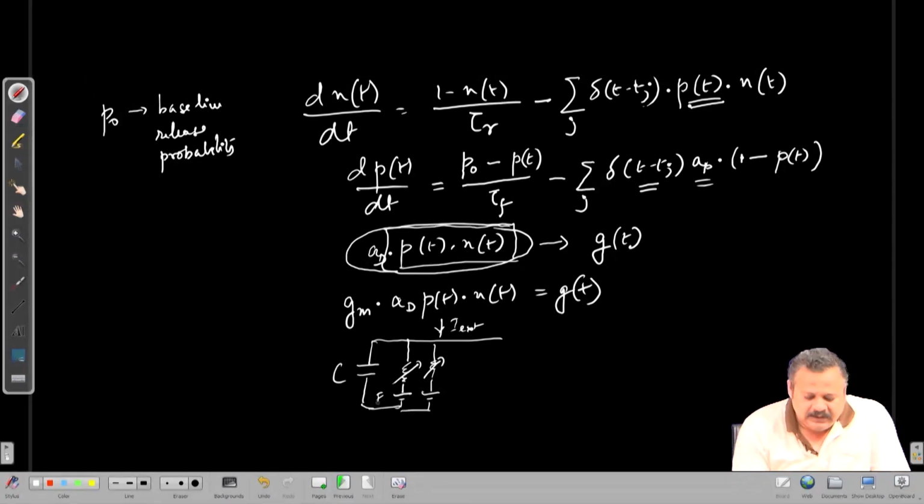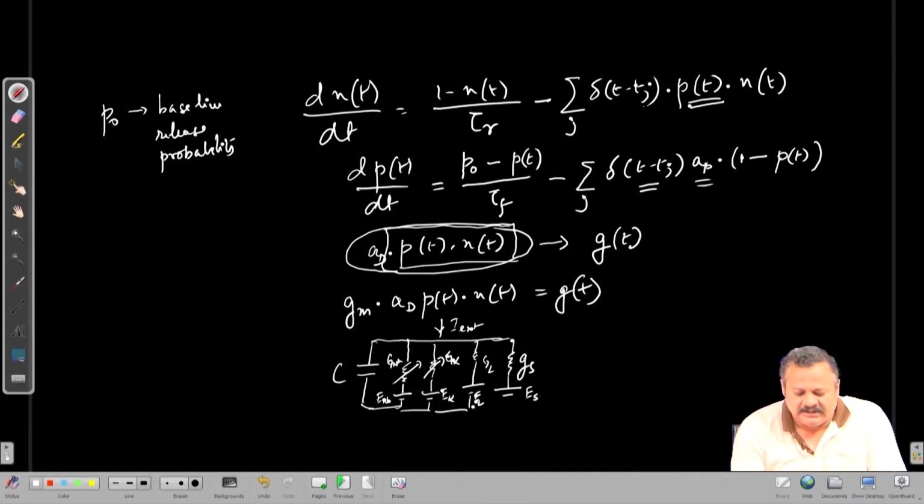So this is ENA, EK, GNA as a function of time, GK as a function of time. Then let us say we have G leak, we have E leak, and we can have a G synapse, GS, and similarly an equilibrium potential. This was E leak, this we will call E syn.